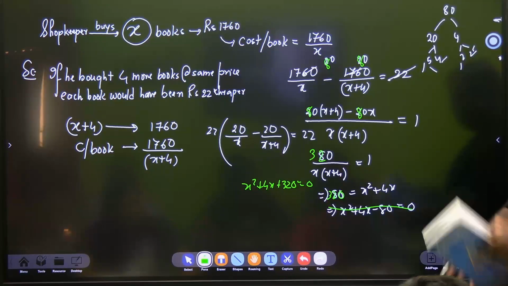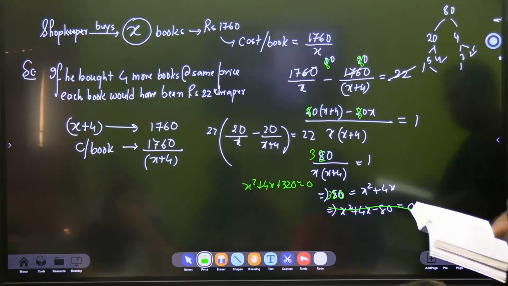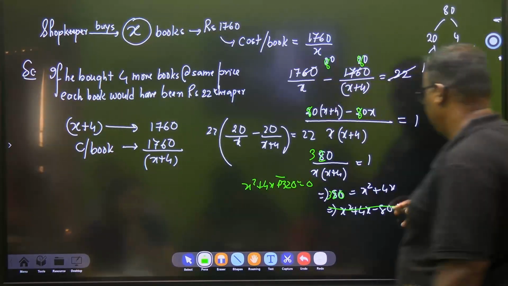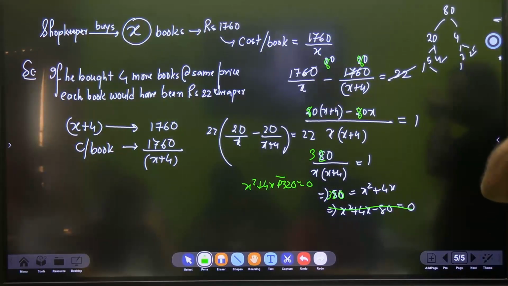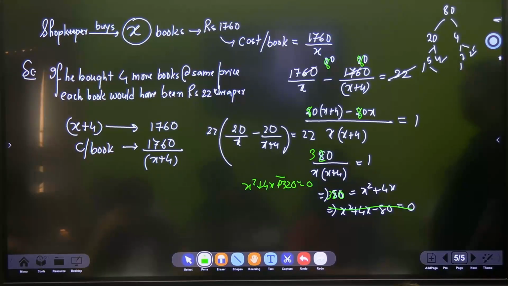Which one negative? 320, beta? It will be x square plus negative 320. Yes, negative 320. This is negative 80, that is where we went wrong. Solved? Let's do one more.